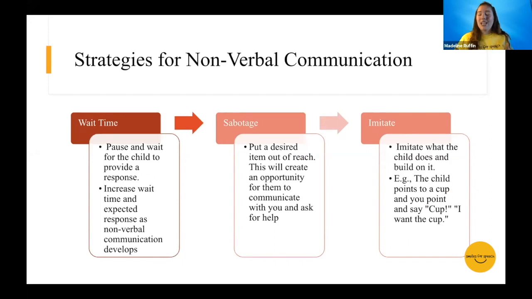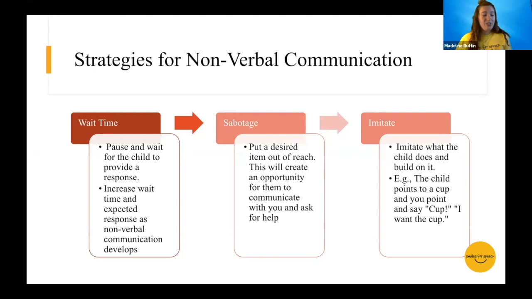So by waiting for them to give us a response, we are putting power in their shoes. And by increasing our wait time and increasing what we are expecting from them, we're going to help nonverbal communication develop. By that, I mean, we're going to start small and wait 3 seconds.